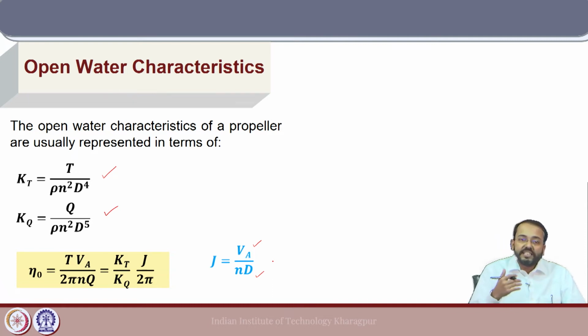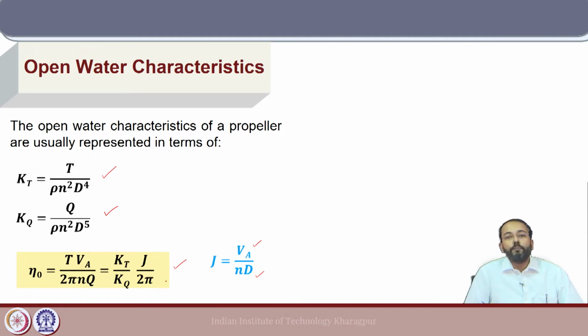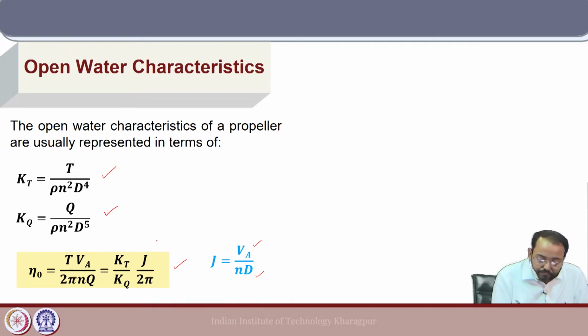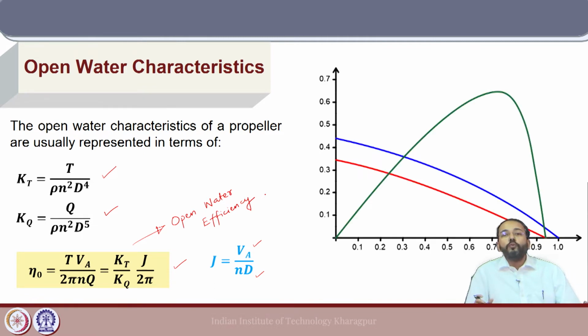So, the open water efficiency in this condition will be thrust times the velocity of advance, which is the output power, divided by the input power 2 pi n multiplied by Q. So, if we use these equations for Kt and Kq, we will be getting this expression Kt by Kq into J by 2 pi as the open water efficiency of the propeller.